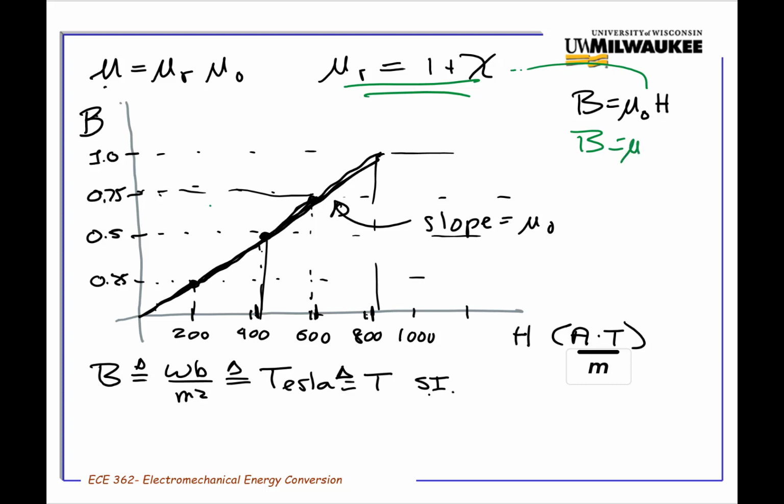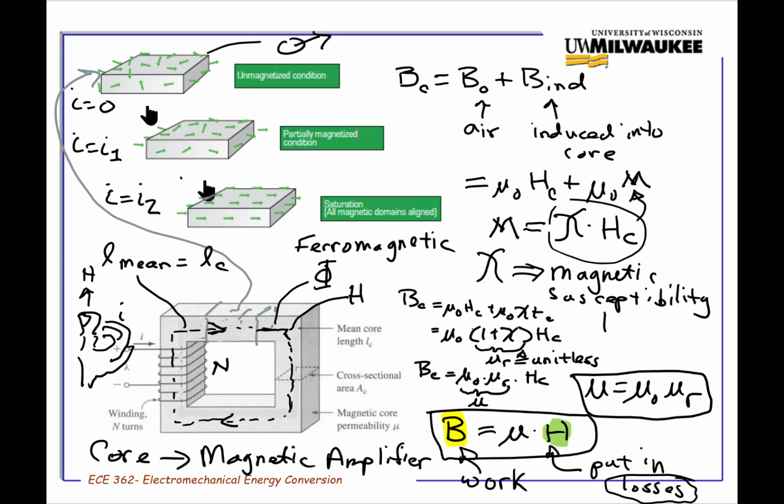So in the core, I've got B equals mu relative mu naught H. It depends on the core material, but because of this multiplier, which is quite a large number, I'm going to be at a significantly higher level of flux density.